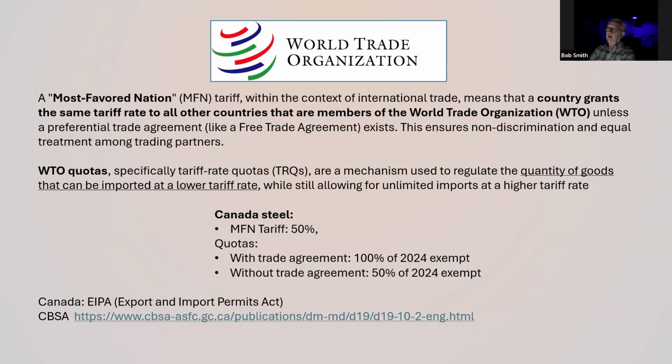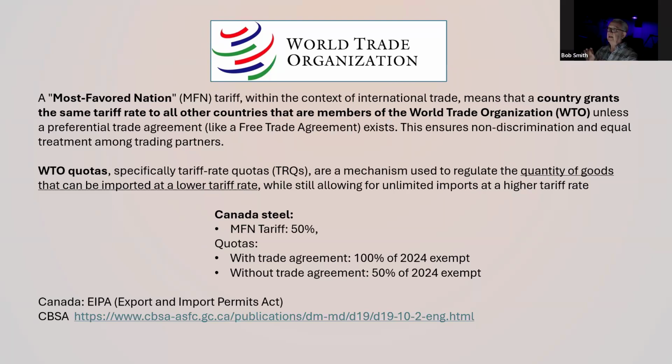Okay, now quotas, specific tariff trade quotas, are a mechanism used to regulate the quantity of goods that can be imported at a lower tariff rate. Okay, not a higher tariff rate. You can say everything's free except, and you can only do that with the anti-dumping and so forth, while still allowing for unlimited imports at a higher tariff rate.